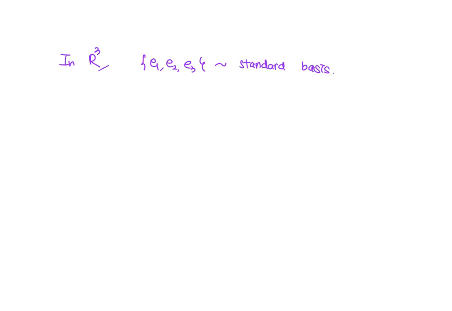And you can also show that E1, E1 plus E2, E1 plus E2 plus E3 will be another basis. You should be able to show this. Please check this, okay? So this is another basis.